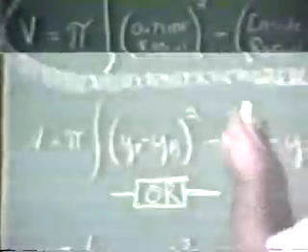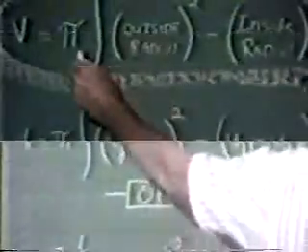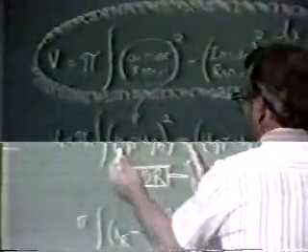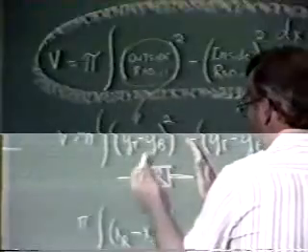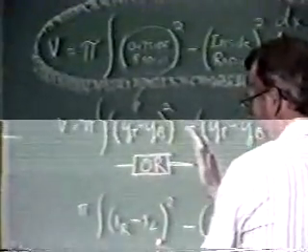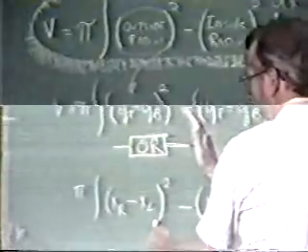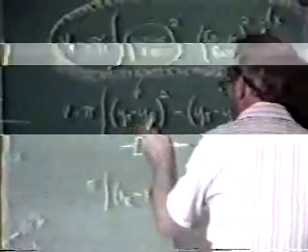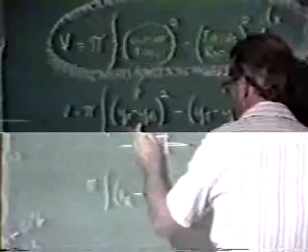So what does this mean? Looking back in your notes, you have the volume is pi times the outside radius. What is the outside radius? The outside radius is the y top, y bottom, or x right, x left. Now listen, that y top, y bottom is not the length of the strip now.